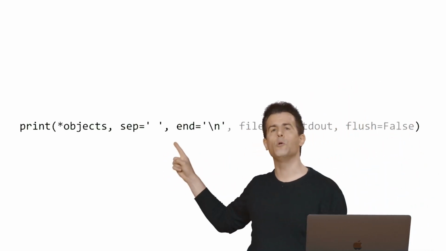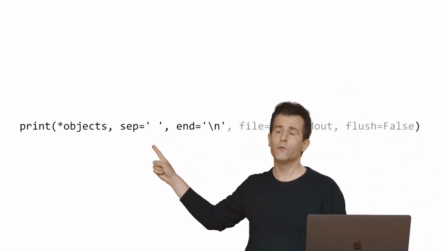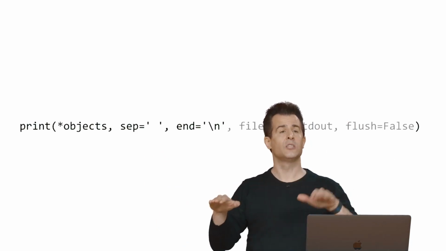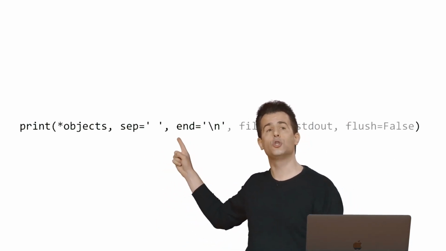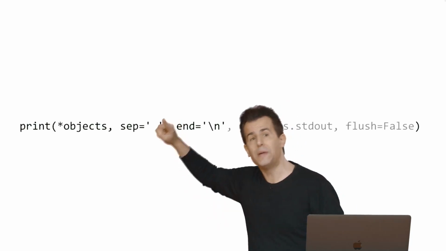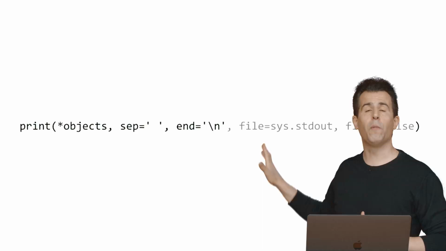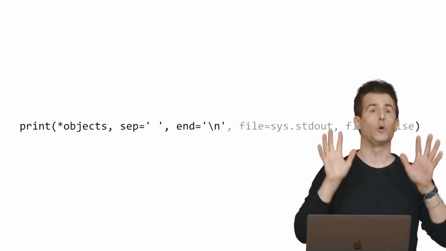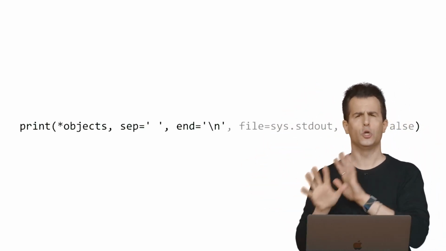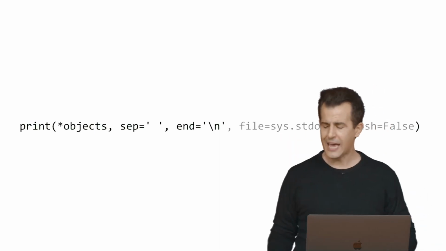So this just means that when you pass multiple arguments to print, by default they're going to be separated by a single space. And by default, the whole thing is going to end with a new line. Let me wave my hand at the rest of the documentation for another day. There are more things print can do, but we're going to focus just on sep and end.